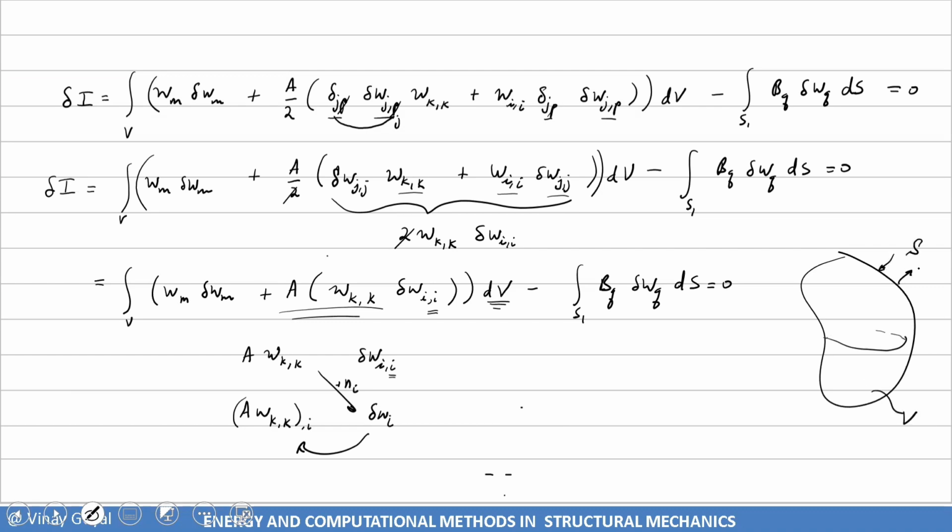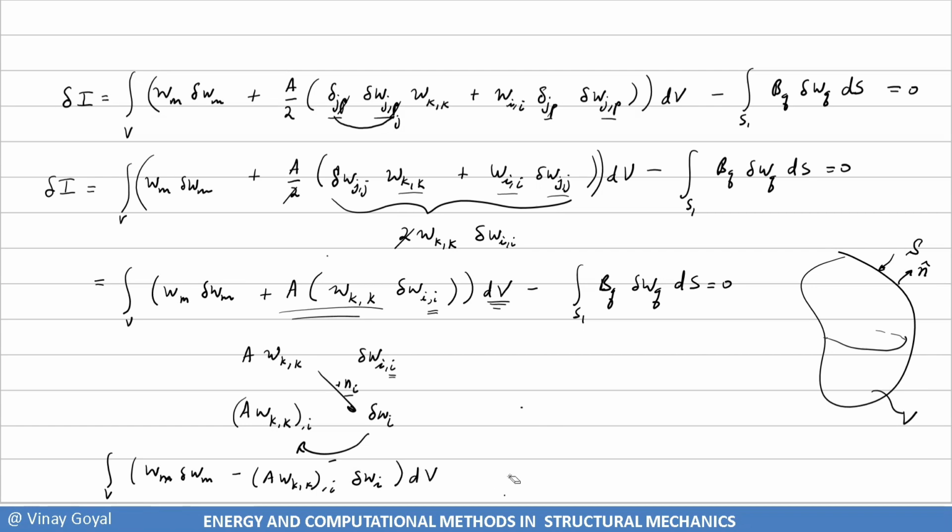And so that surface requires a definition for the normal. So that's why I have to write the NI there. Plus, minus. And that's the only thing that needs to be integrated by parts. So then I get integral volume WM del WM minus AW K comma K comma I del WI, and this inside the volume.